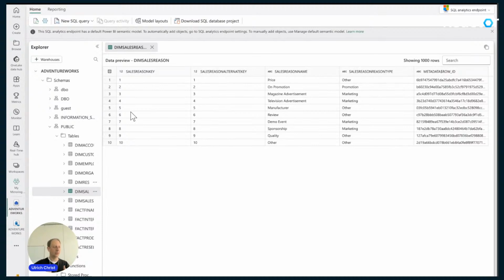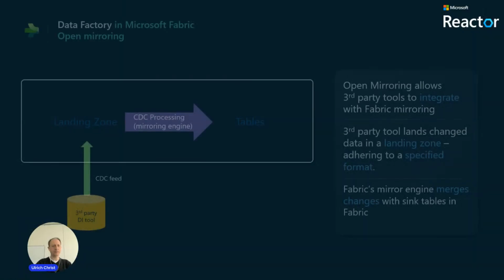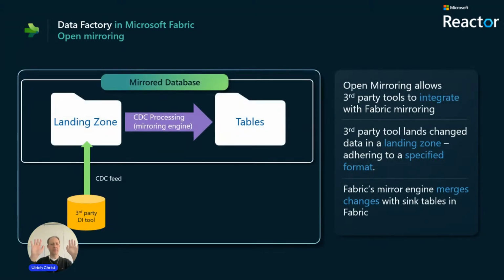As I said, the mirroring engine will make sure that changes are fetched from the source and are merged with the sink. So we'll continuously keep the sink tables, which you see here, the mirror tables in your Fabric warehouse, in sync with the source. So this is how the built-in mirroring works. So it's a built-in end-to-end user experience in Fabric.